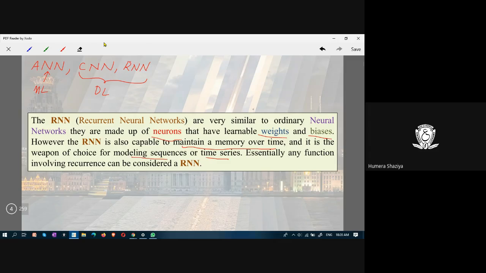So essentially any function involving recurrence. What do you mean by recurrence? It must remember the state, and it must create a sequence or series based on the previous state. That is a recurrent neural network.